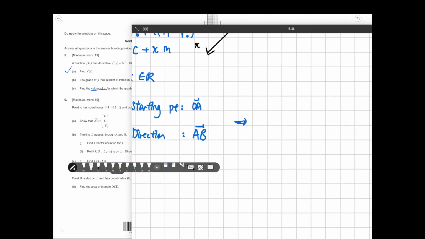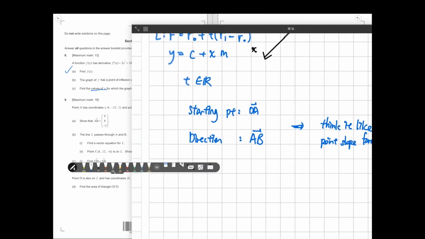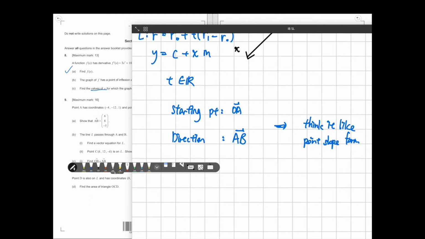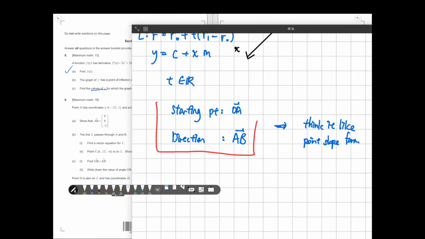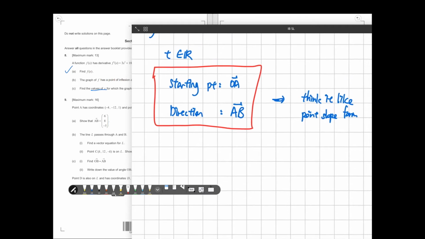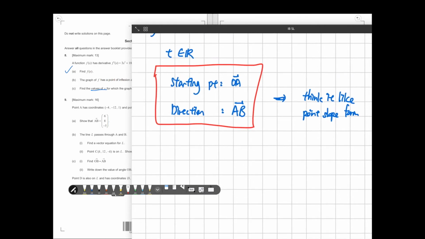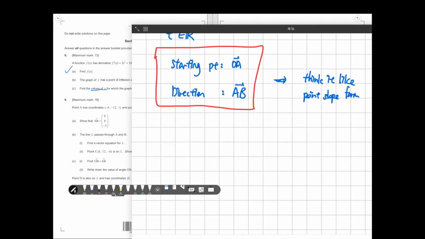So we can think about it just like a point-direction form, so we can do this question with ease. So r is just a plus td, right?